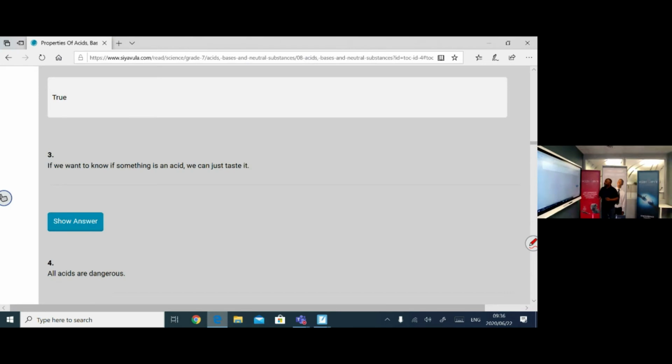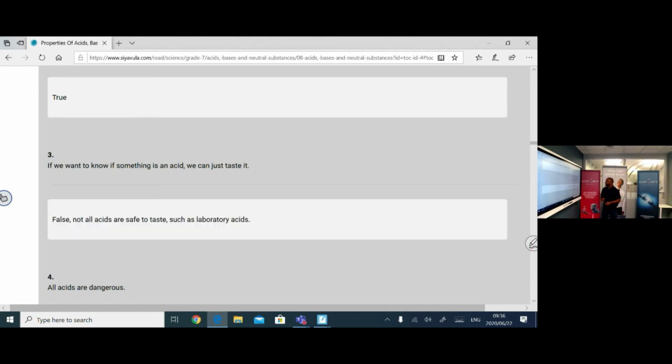If something is acidic, we can test it. False. Not all acids are safe to test, such as laboratory acids. So the question is plain: if we want to know that something is acid, can we test it?